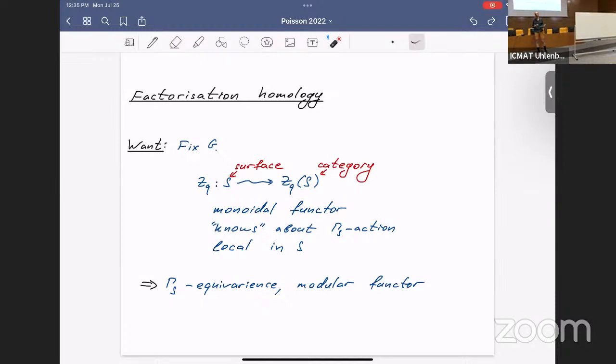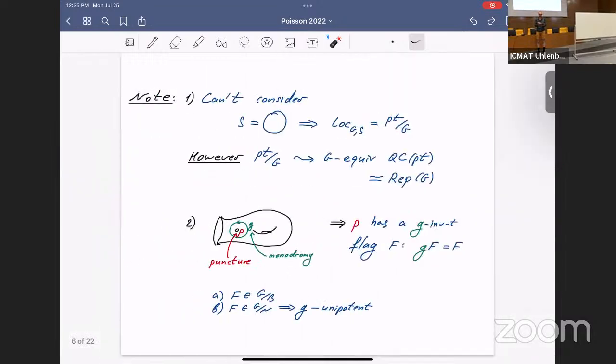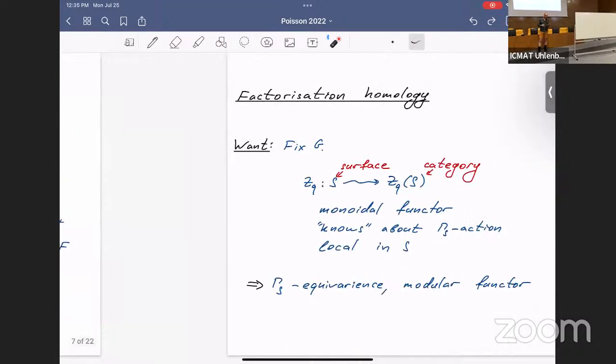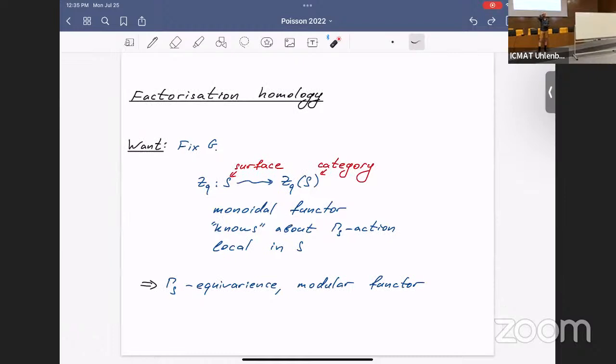So which really means that instead of categories, I have to consider two-categories and consider natural transformations. And then I want it to be local in S in the strongest possible sense. It's not a mathematical term here. It's just saying that I really want to make sense of the simplest pictures possible, right?